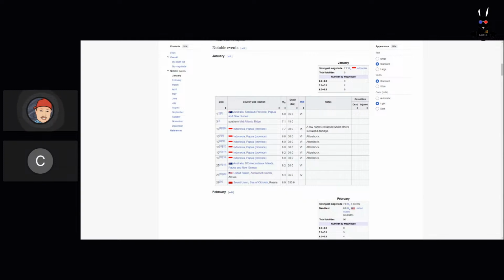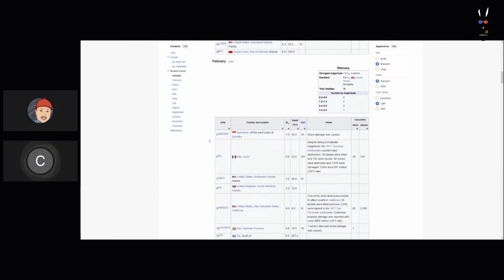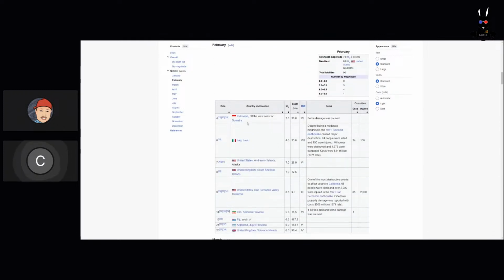That's weird. Province of Papua, 6.2. And then the Andreanof Islands, where we just had an earthquake, 6.4. Then Okhotsk had a 6.9. It was 535 deep. February 9th was the quake, so you'd have to look at the first week of February too. Indonesia, Sumatra had a 7.